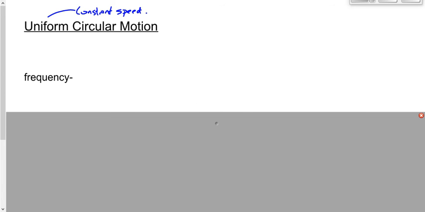The first one is frequency. Where have you heard that word before? Give me a sentence with the word frequency in it. Okay, the radio frequency is bad. So what does that mean in that context when you've got a frequency for a radio?